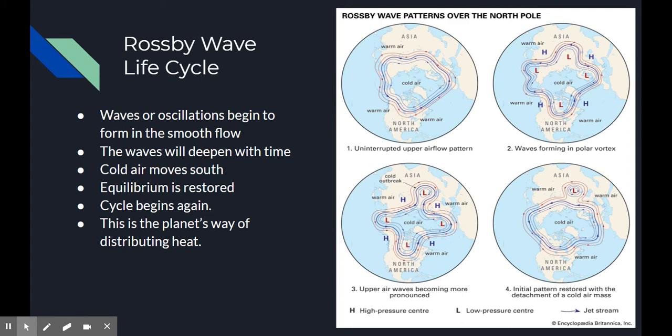The waves will deepen with time, and then eventually they become very extreme with large polar vortexes, where there's a lot of movement of air north and south. Eventually, some of the cold air will pinch off into a closed low and separate from the pattern, and that kind of restores the equilibrium, and then the cycle begins again. This is really the planet's way of distributing heat north and south.